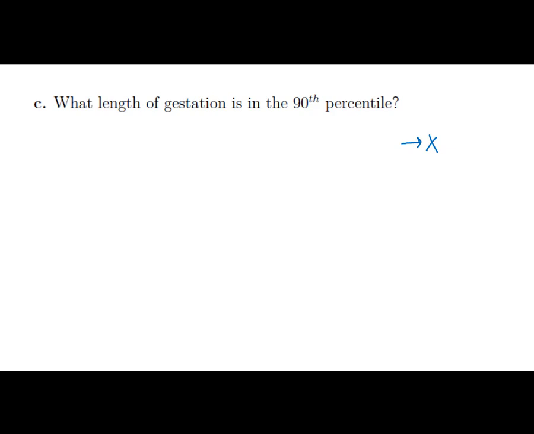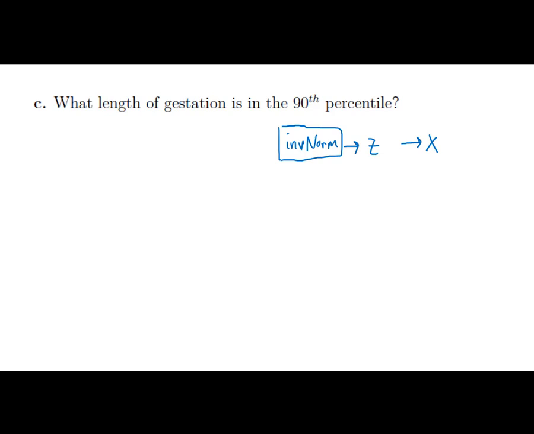Now, in order to figure this out, I'm probably going to need to use one of my calculator functions. Well, normal CDF spits out a proportion of the normal curve. That's not what I'm being asked for. But inverse norm spits out z-scores, right? So an inverse norm will always tell you a z-score. If I'm told a z-score, can I figure out my x value?